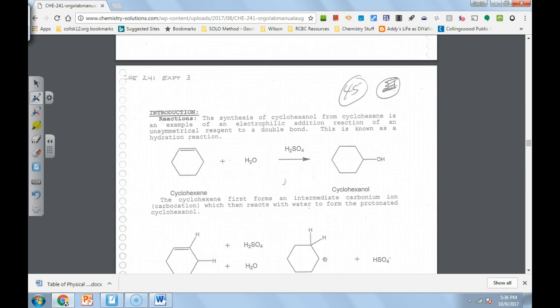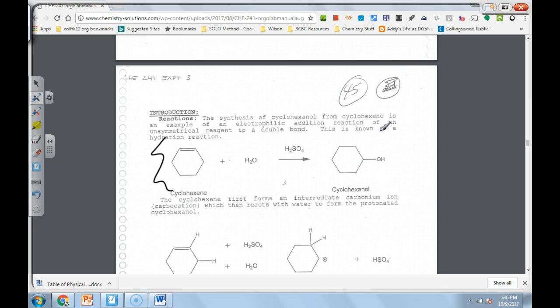But basically what you're doing is you are writing this reaction equation. This tells you what you're starting with, what it's reacting with, any catalysts, and the products. So this is the reaction equation.